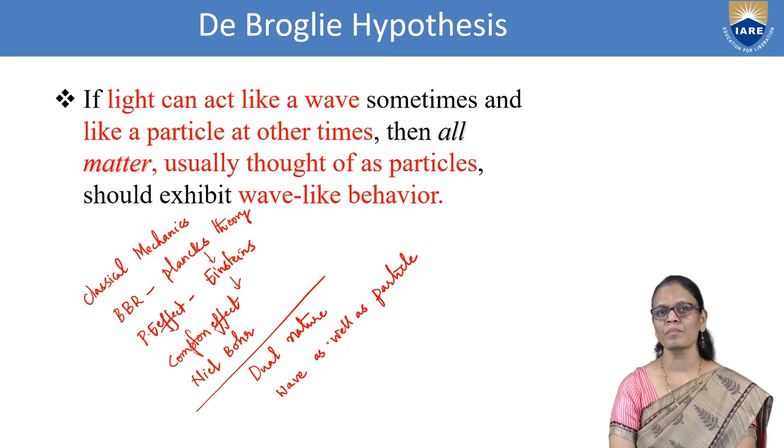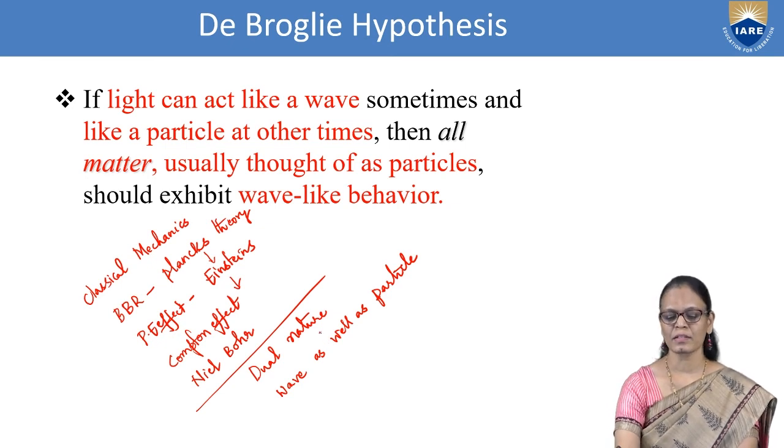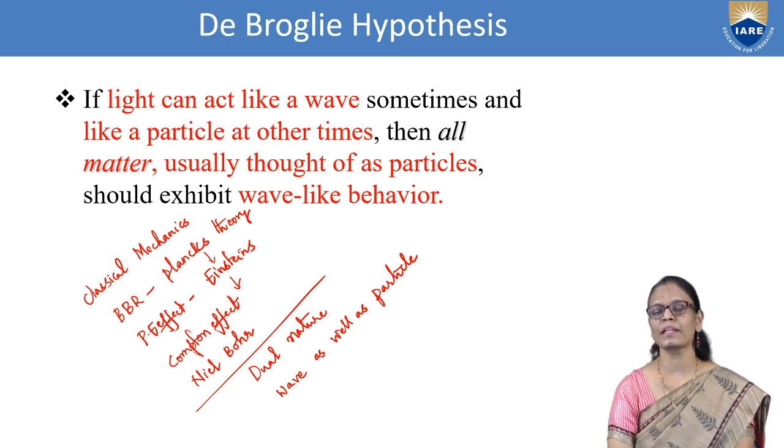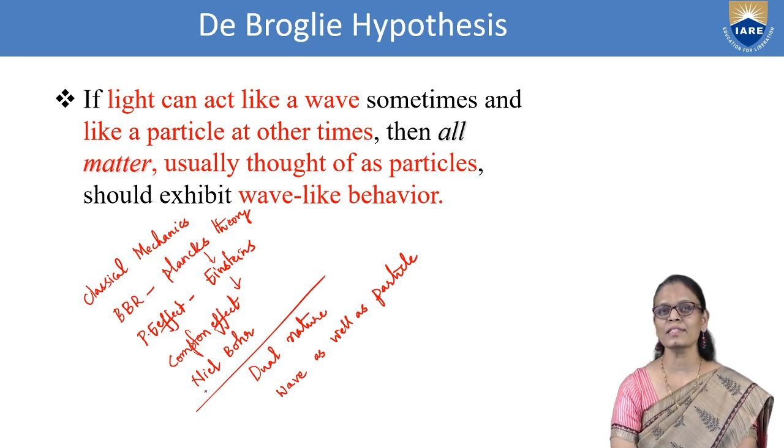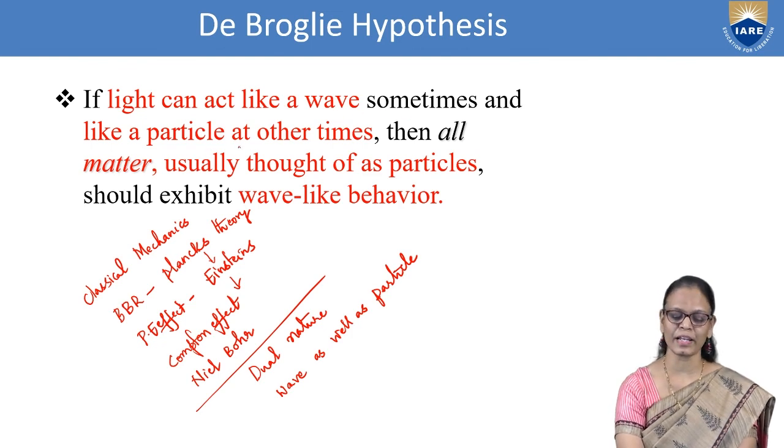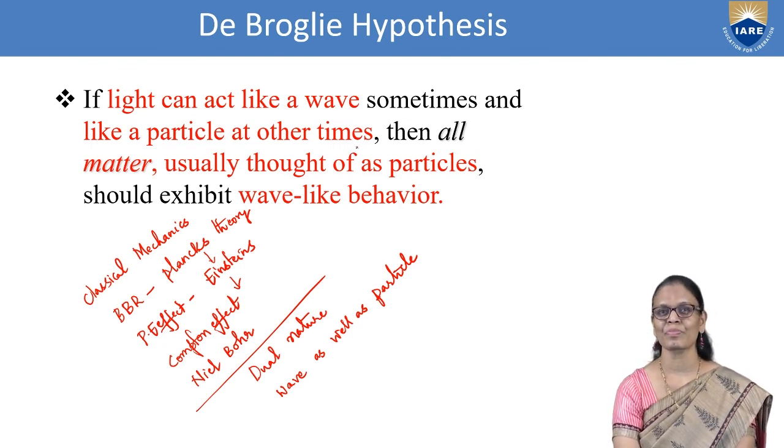Okay, now using this, another scientist by name de Broglie gave a very radical hypothesis. What he said was, if light can act like a wave sometimes and like a particle at other times, then all matter, usually thought of as particles, should exhibit wave-like behavior.